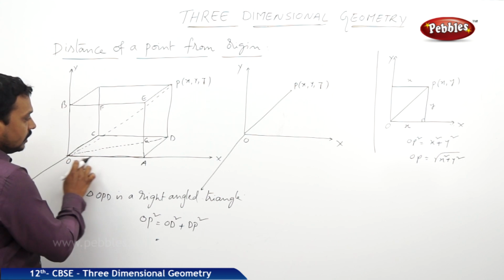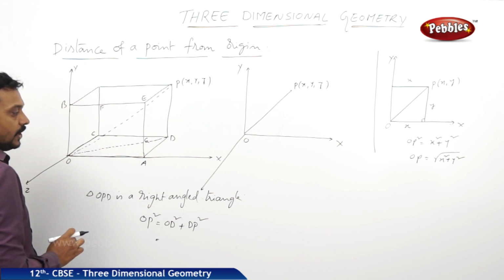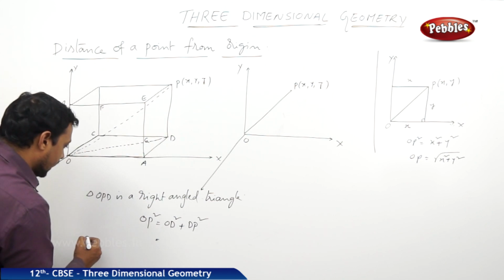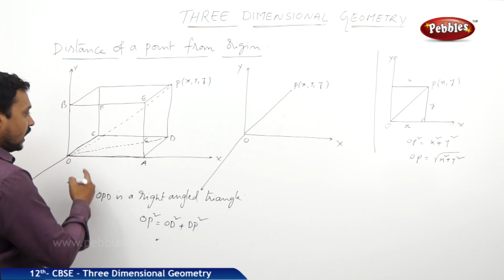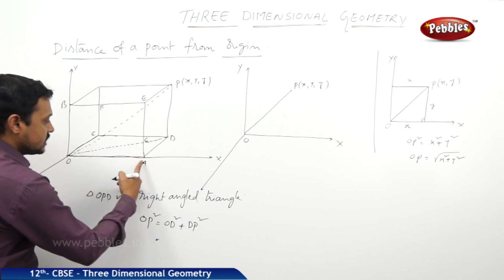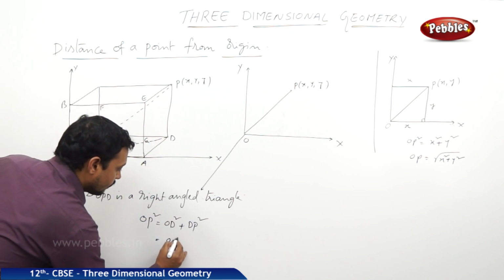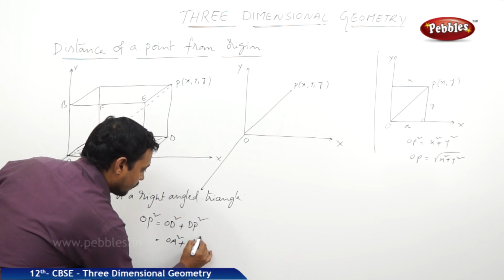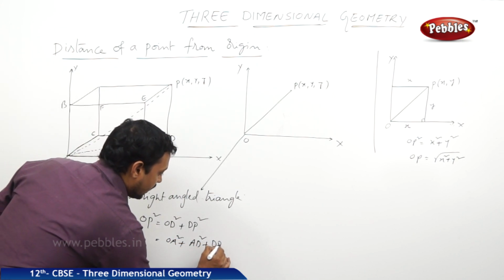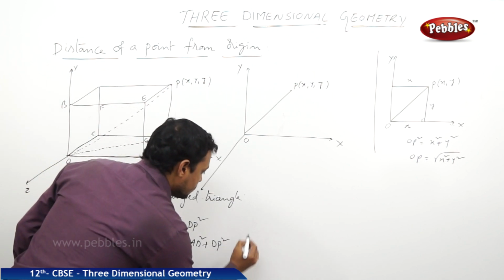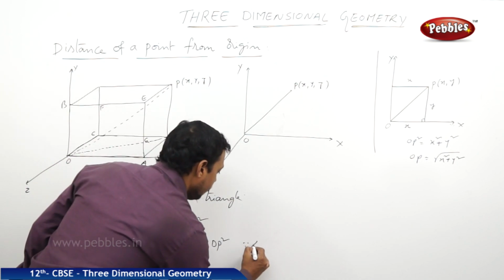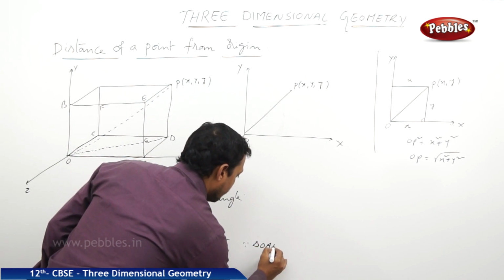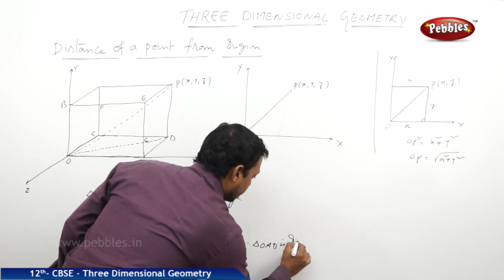In cuboid, this edge and this one are perpendicular, so that OAD is also a right angle triangle. Hence, OD square can be taken as OA square plus AD square, since the triangle OAD is right angled. So OP square is OA square plus AD square plus DP square.